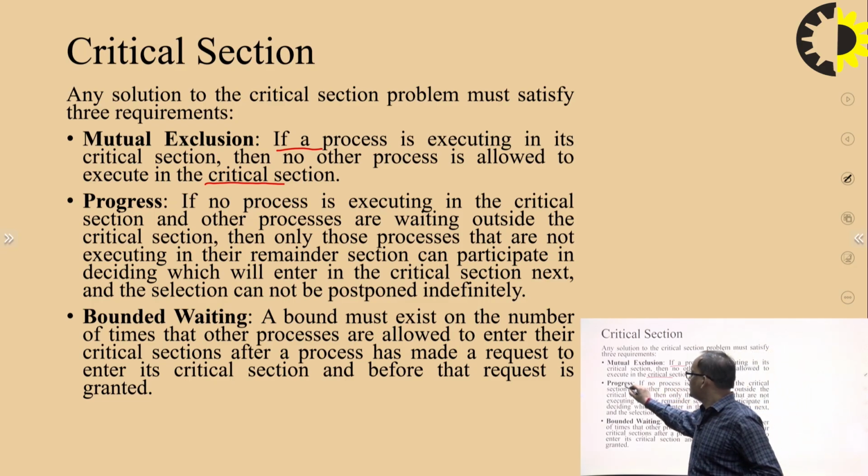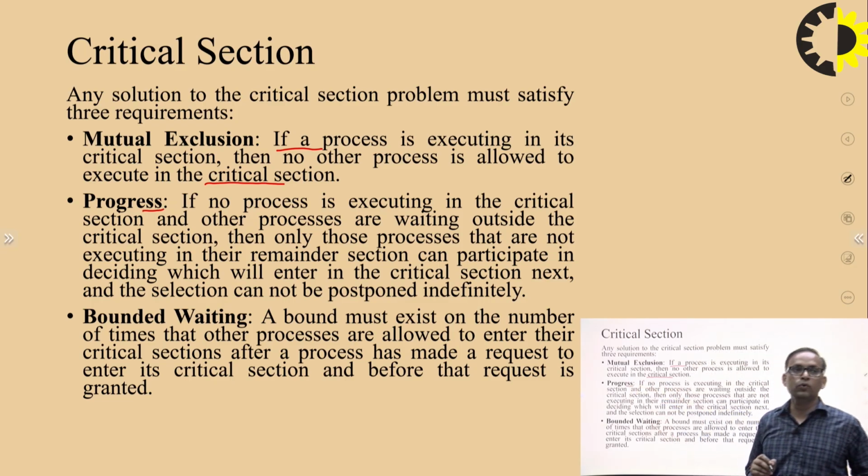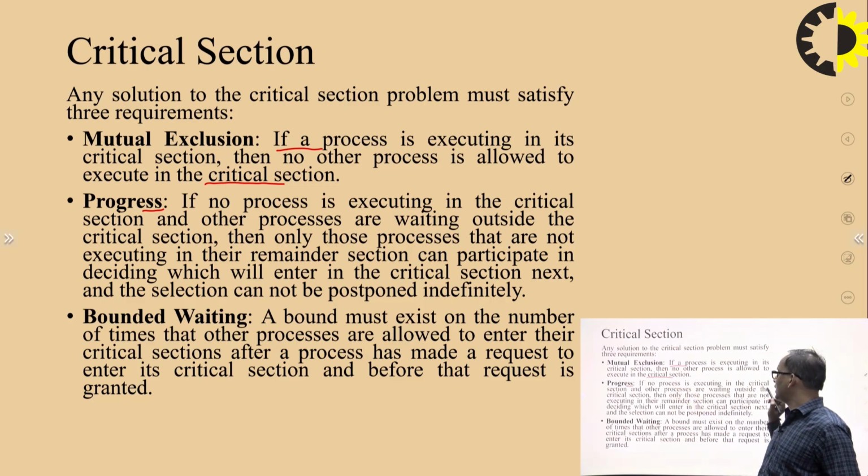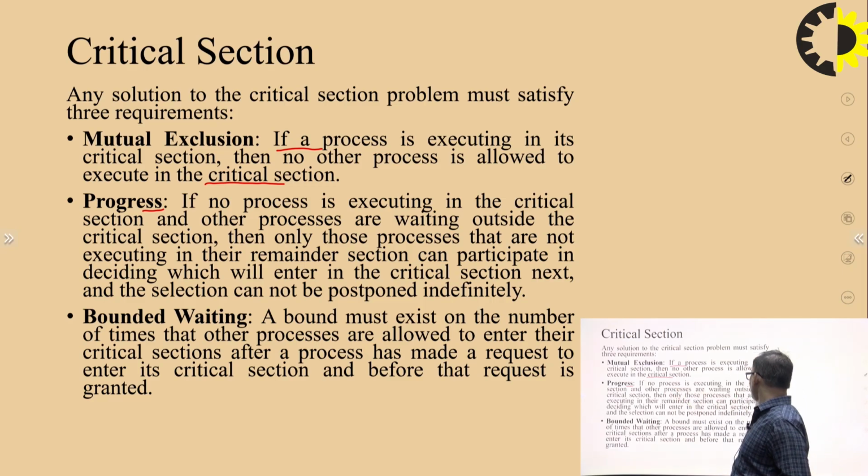Second condition is the progress condition. Say if no process is executing in the critical section and other processes are waiting outside the critical section, then only those processes that are not executing in the remainder section can participate in deciding which will enter the critical section.